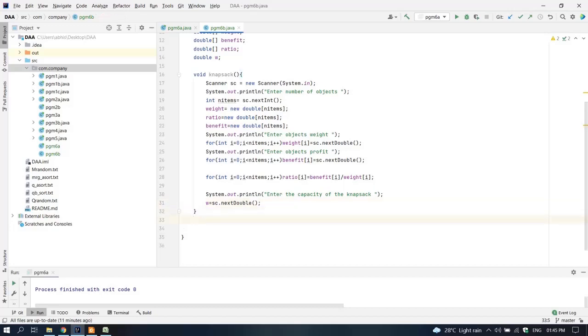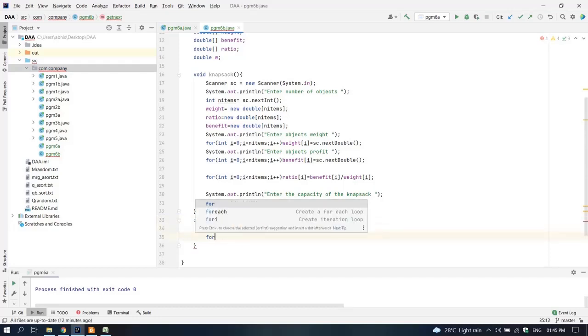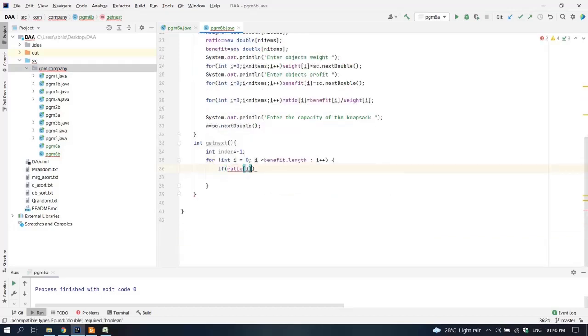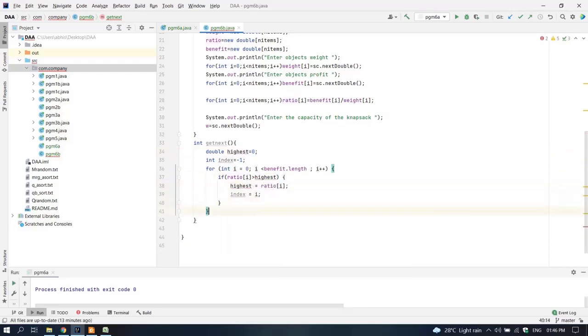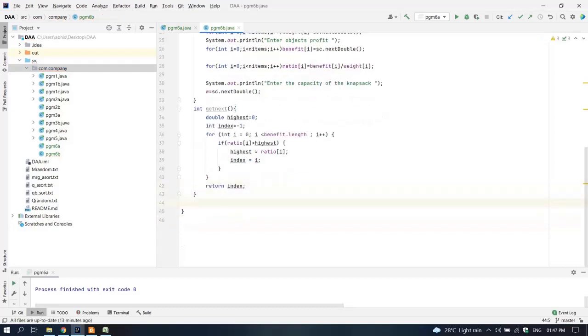We are getting the inputs and also making the ratio array. This getNext function will give us the element of the next greater ratio. It is going to return the highest index of that array.